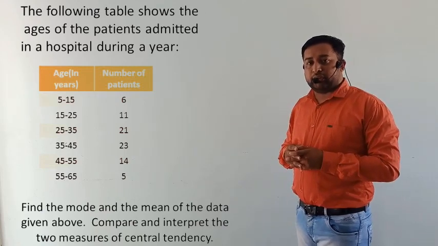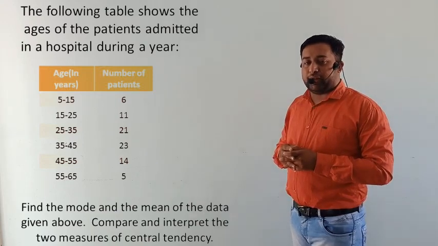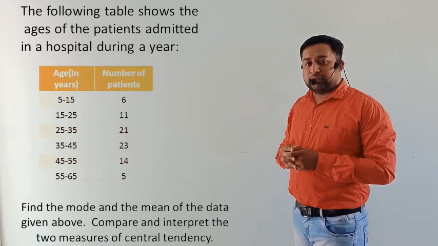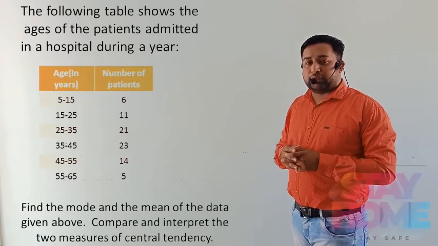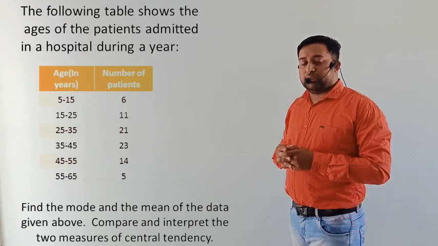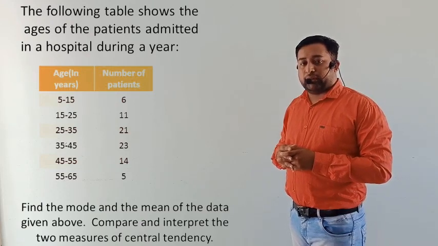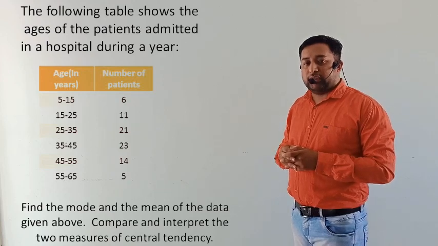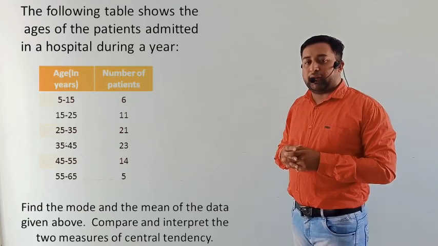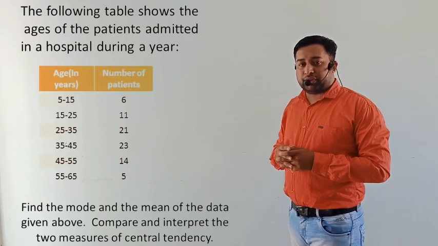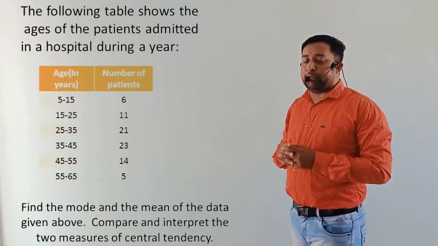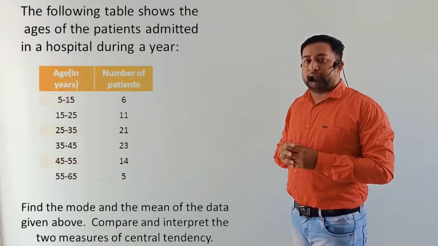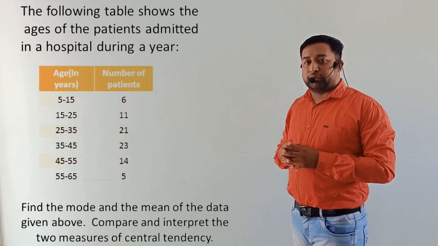Ages 5 to 15 have 6 patients, 15 to 25 years, 11 patients, 25 to 35, 21 patients, 35 to 45, 23 patients, 45 to 55, 14 patients, and 55 to 65, 5 patients. The question is to find the mode and the mean of the data given above, and we need to compare.